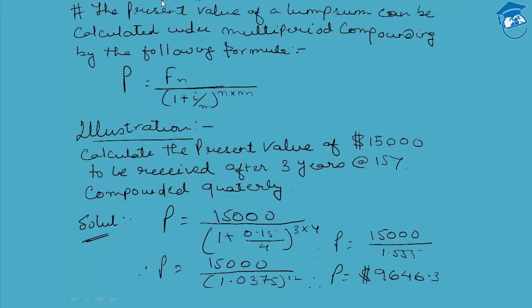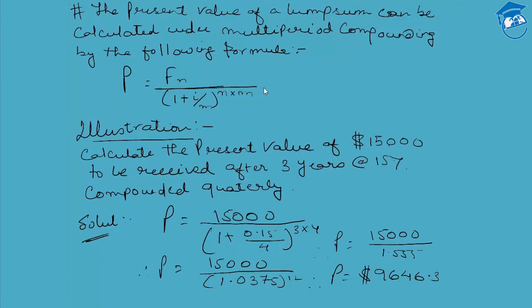Now, coming up to the present value calculation, the present value of a lump sum can be calculated under the multi-period compounding by the following formula. As I have already said, students, earlier also, that the concept of multi-period compounding can be used across any kind of cash flow, whether it is a lump sum or an annuity, and it can be used extensively in calculating the future value as well as the present value.